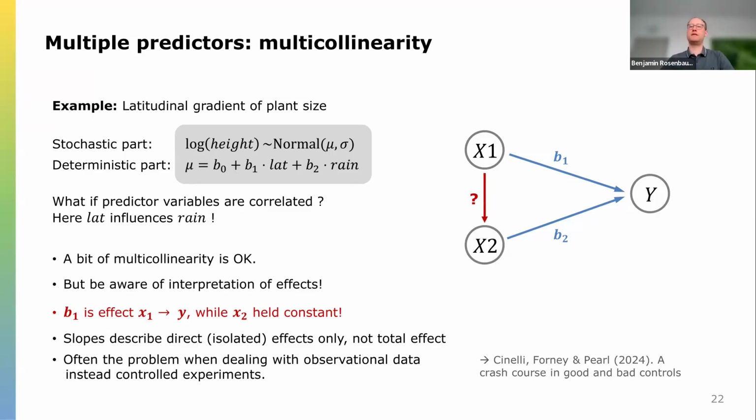Okay, and this is a bit connected to structural equation models, where you can separate out these different paths, but you do not always have to go full structural equation model. If you know what your predictors or what the effects actually mean, you can often just fit a linear model and be good with it.